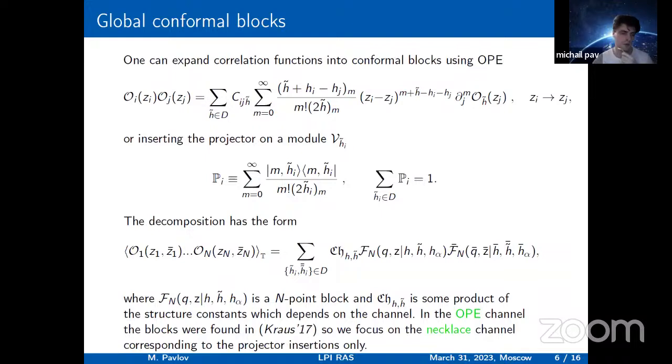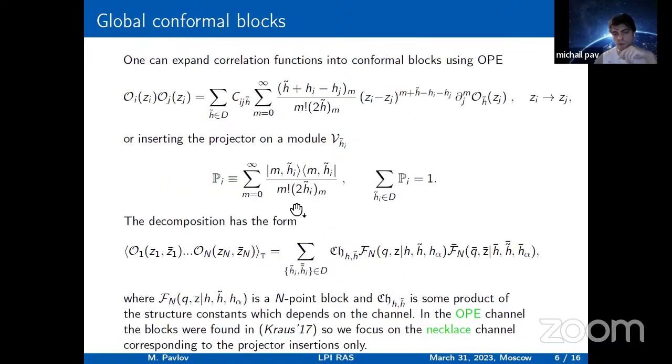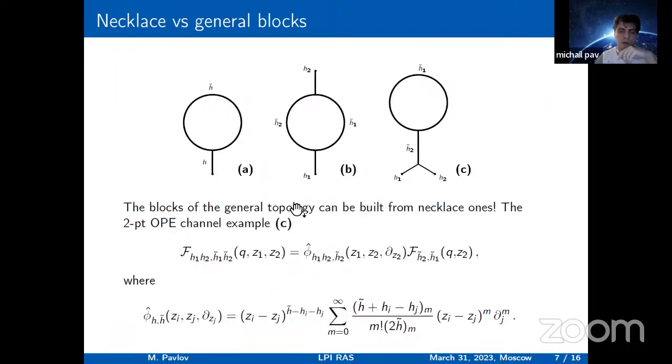So we defined the necklace channel block as a conformal block when you put a projector between two of the fields. It's quite useful to consider some lower-point examples in order to reveal the difference between these two channel blocks.